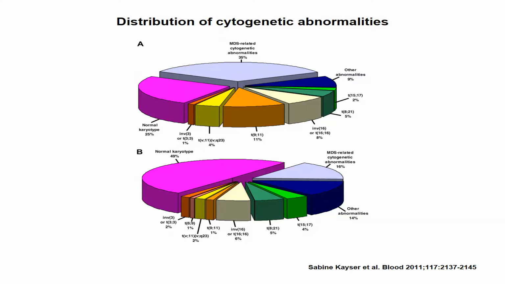This is a national registry, so essentially a full compilation of all their AML. You can see the incidence of both therapy-related and secondary AML is lower, obviously, than de novo. And the primary cancers are obviously a group of different cancers, as you would expect, including lymphomas, breast cancers, and others.